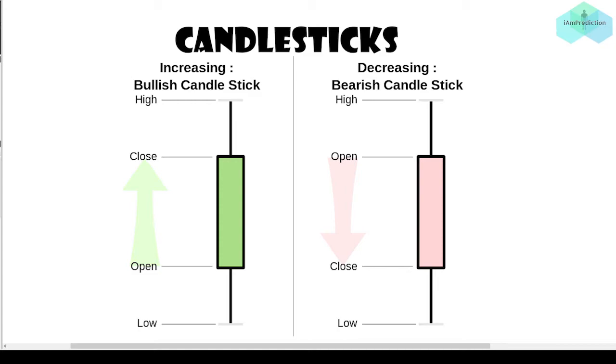What information does a candlestick give? Well, first of all, the body is green or red, or, depending on your chart, it may be filled or not. It represents a bull movement or a bear movement. So it has an open and a close, and the aim of the candlestick is to eliminate the noise in the process.